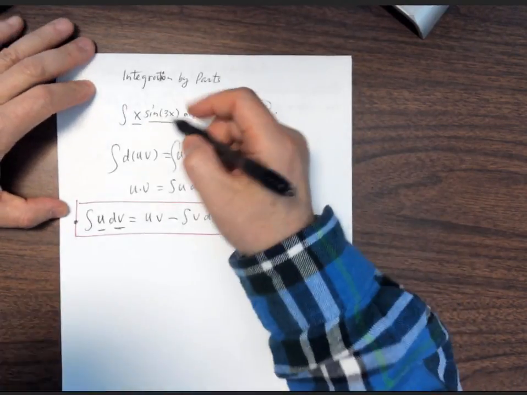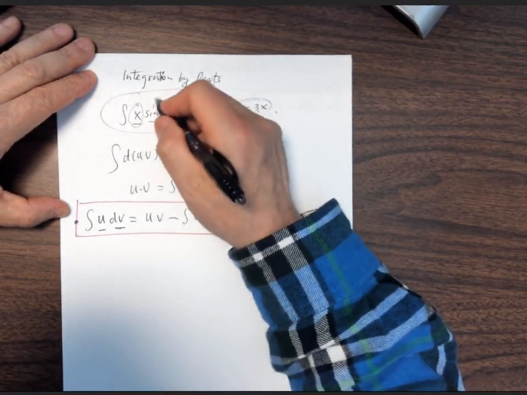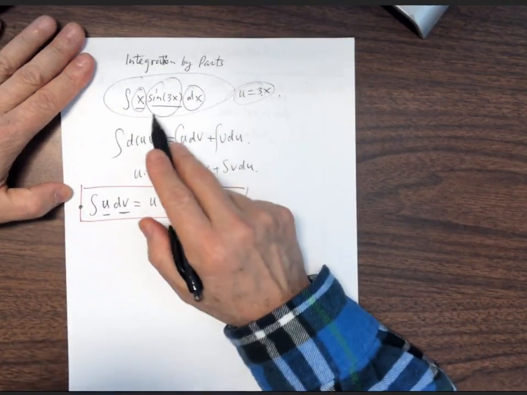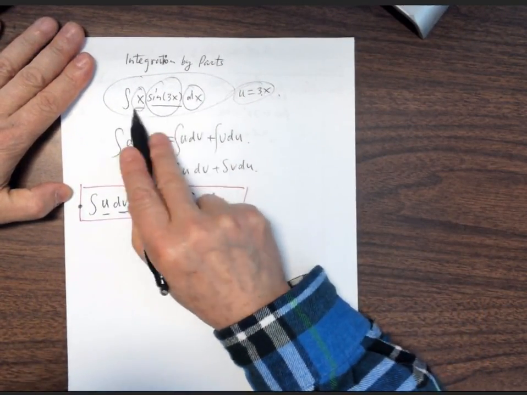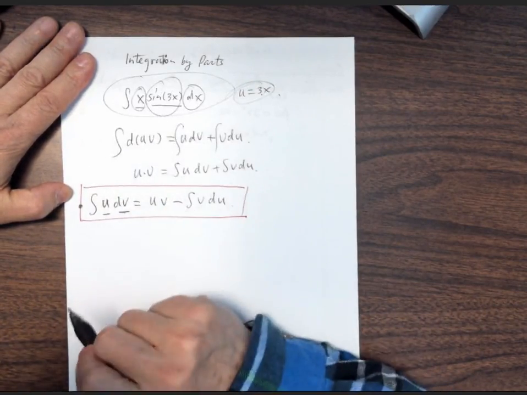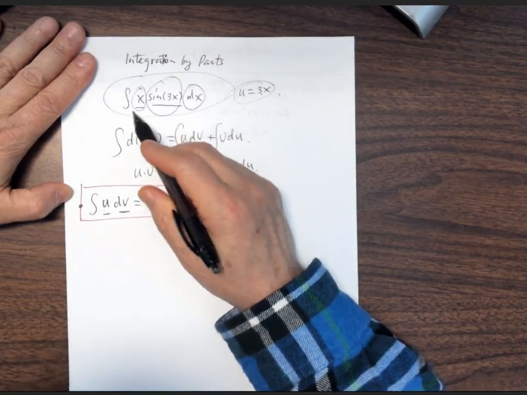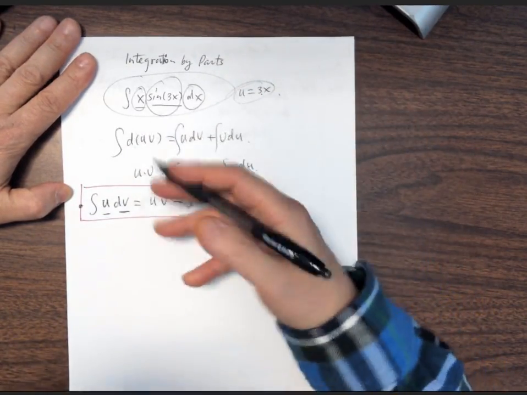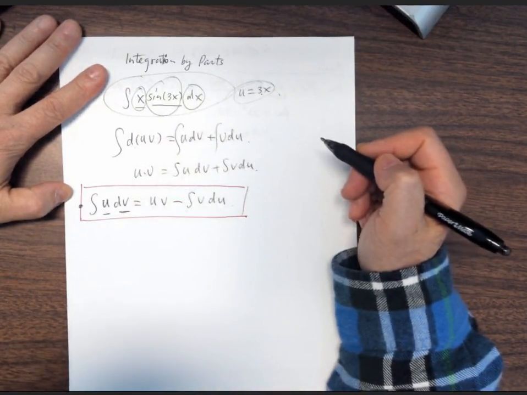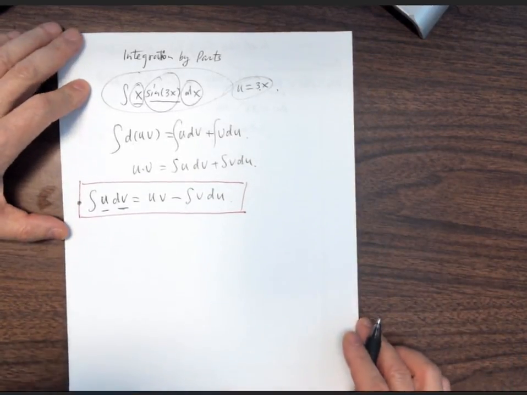What it means is, for example, in this integral, you see the x, you see sine 3x, you see dx. You need to divide this whole product into two parts. One part is u, the rest is dv. Your dx always goes with whatever you consider as dv.